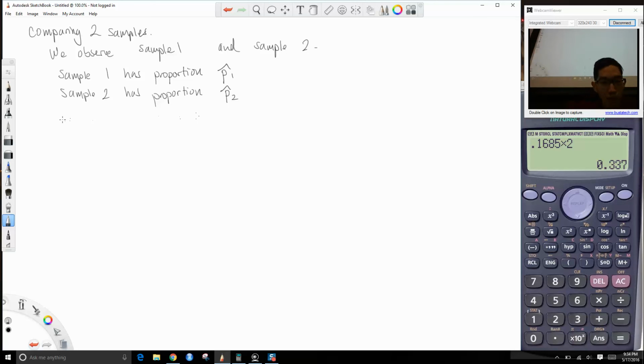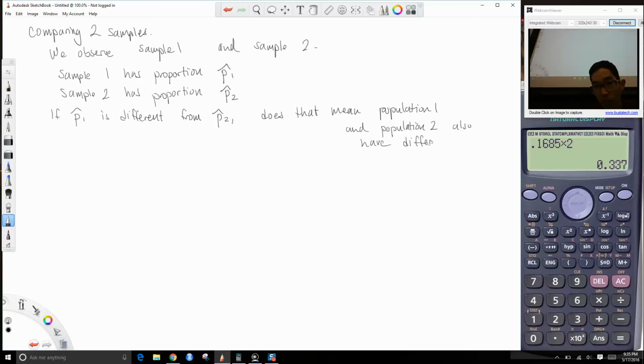That's essentially, p hat 1 is different from p hat 2. Does that mean population 1 and population 2 also have different proportions? Okay. Does this scenario make sense?